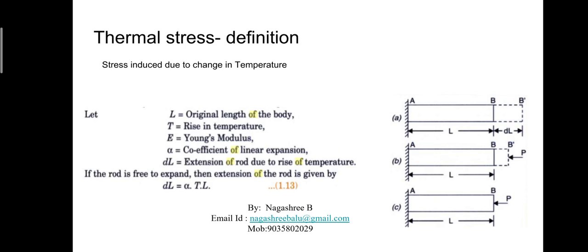Because dl is equal to alpha TL, which we have just derived. So if there is application of load P, there will be compression at face B dash, so that the length will be decreased from L plus alpha TL to L, because L plus alpha TL is the final length when the body is free to expand.